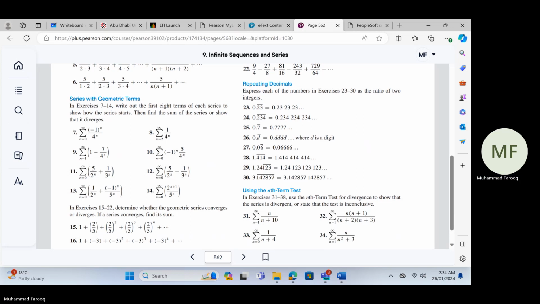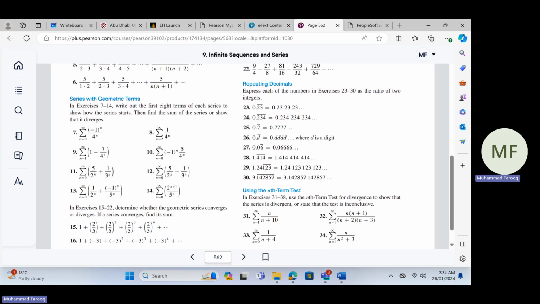The application of geometric series means solving this problem with the help of geometric series. For example, 1.24123 with a bar over the last 3 digits means 1, 2, 3 is repeating again and again, to infinity. So you write the answer as a fraction.